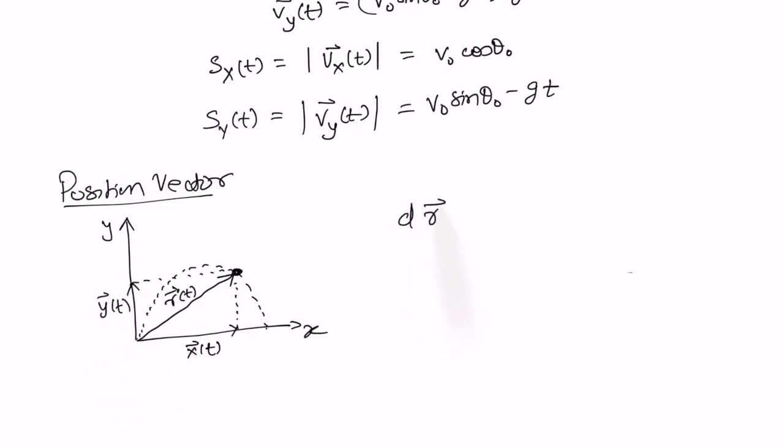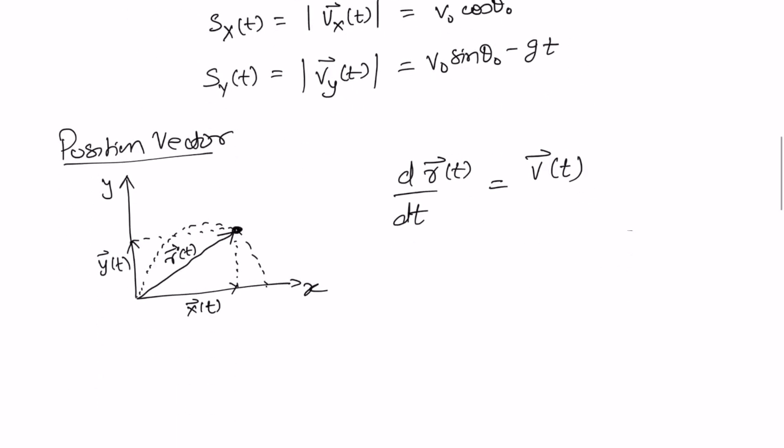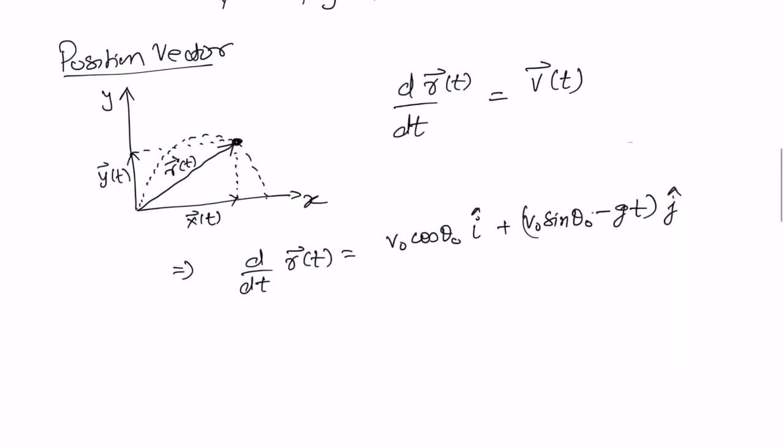The rate of change of position vector is defined as velocity. Now we know the expression for the velocity vector. We have arrived at it here. So we can say that d by dt of r t equals v naught cos theta naught i cap plus v naught sin theta naught minus g t j cap.